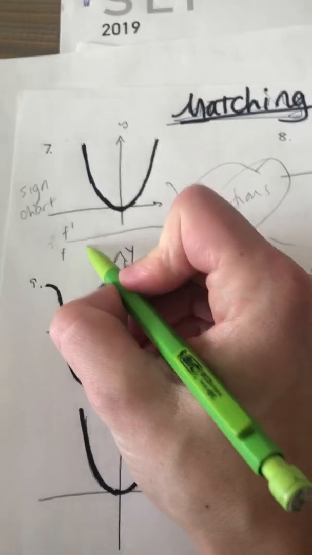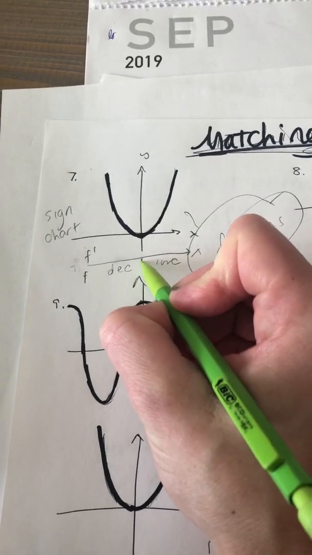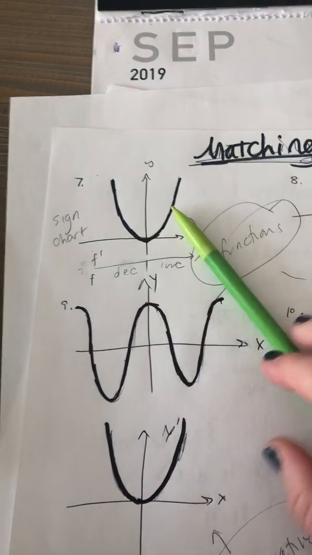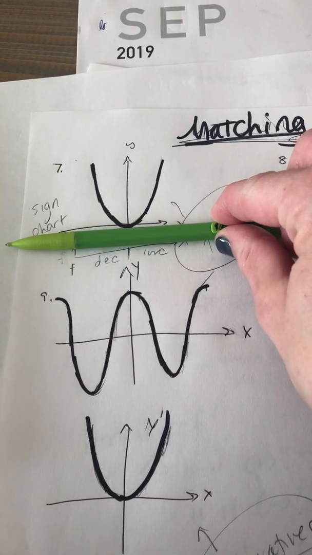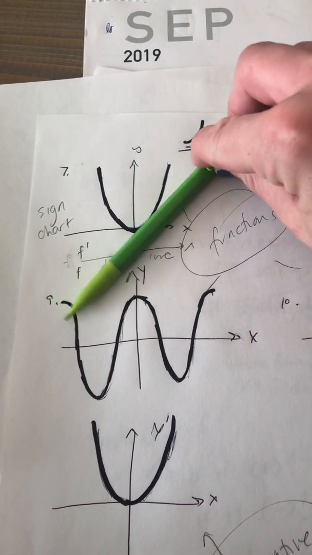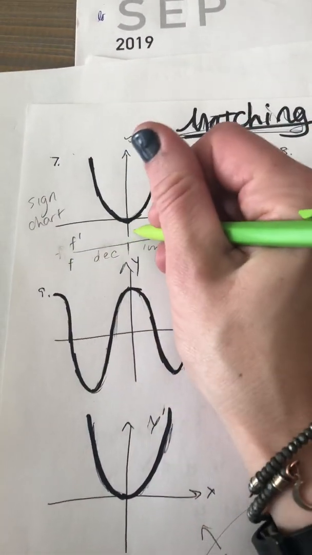My function is going to go from decreasing to increasing, and it changes here. If I run a tangent line through, my pencil is a tangent line, you could see that I have a slope of 0 at the origin, and then my slopes go to positive. So I'm going to mark that the value of the derivative is 0 here.